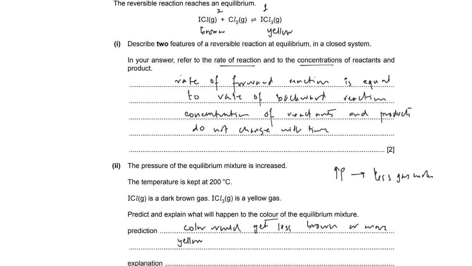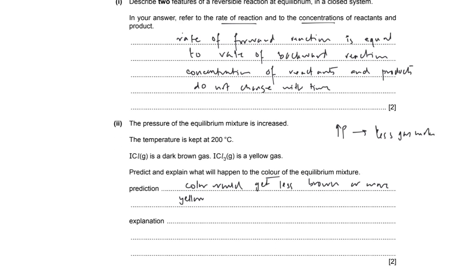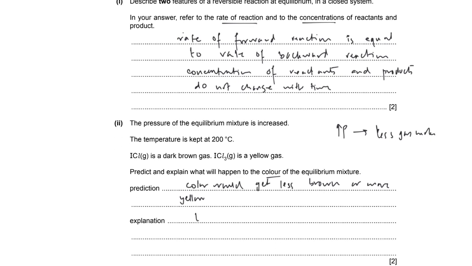And as far as explanation is concerned, you will write that equilibrium moves to the right as there are fewer gas moles on the right hand side. Sorry, I said it the wrong way around. As there are fewer gas moles on the right. Pressure increase makes it move to the side where there are fewer gas moles.